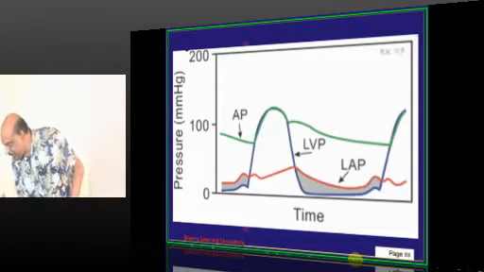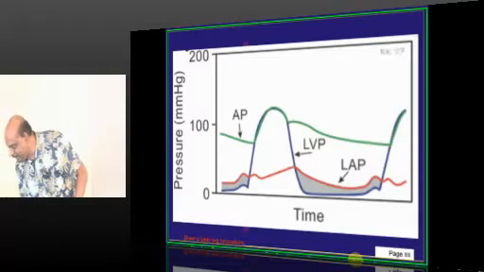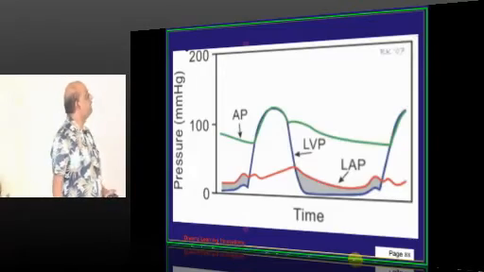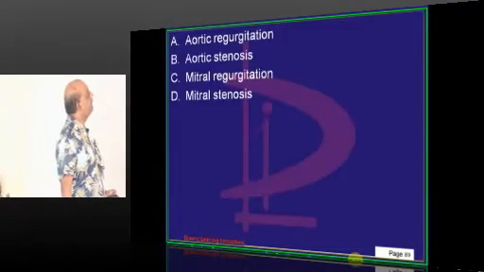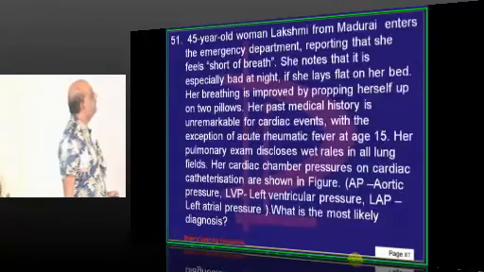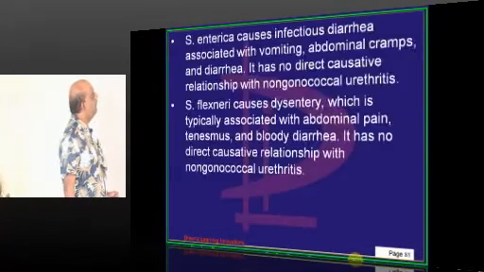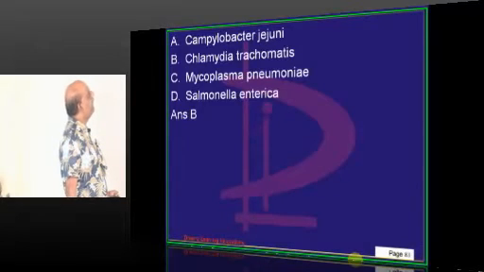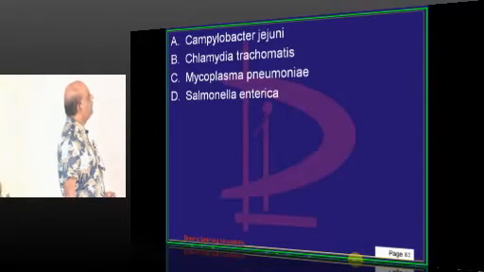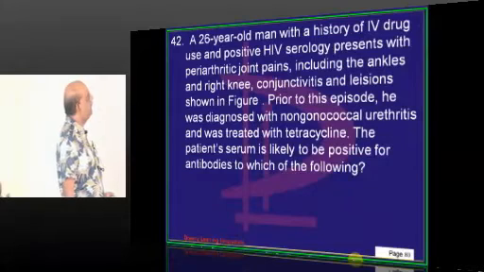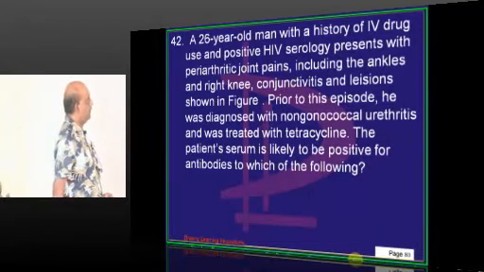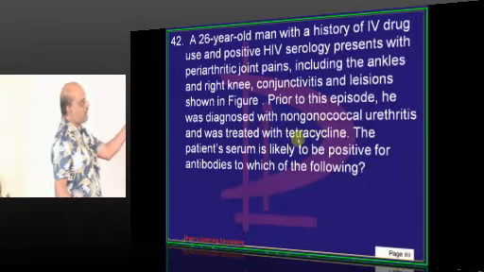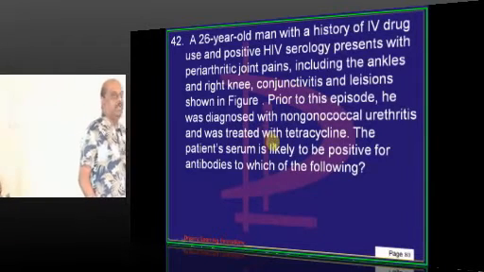Dr. KSR is asking, sir, 50th question answer, why not A? Let's go back to the 50th. Why not A, which is Campylobacter jejuni, you want to propose as a cause of what? It was a non-gonococcal urethritis, no?